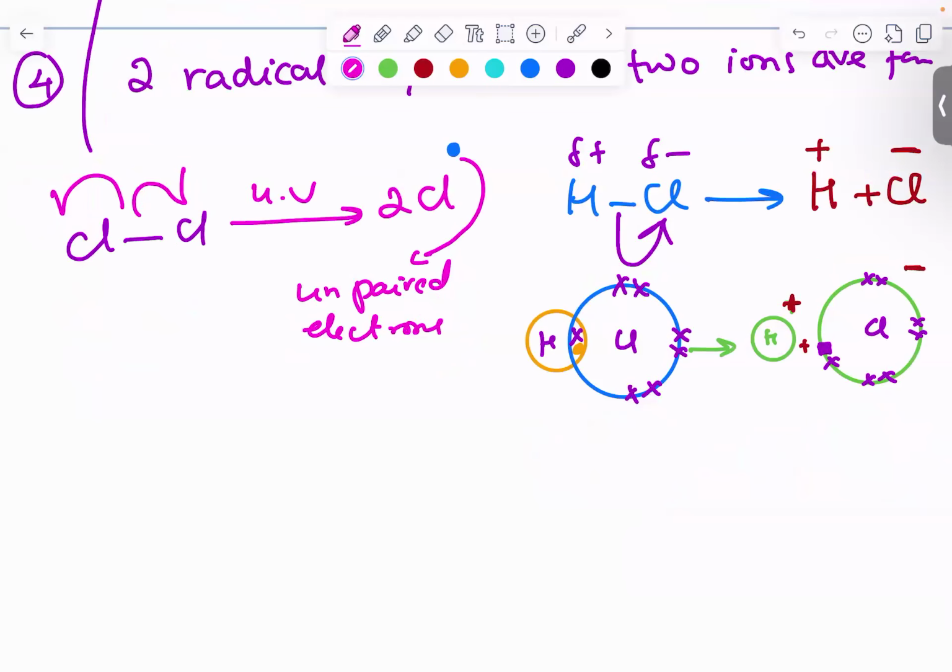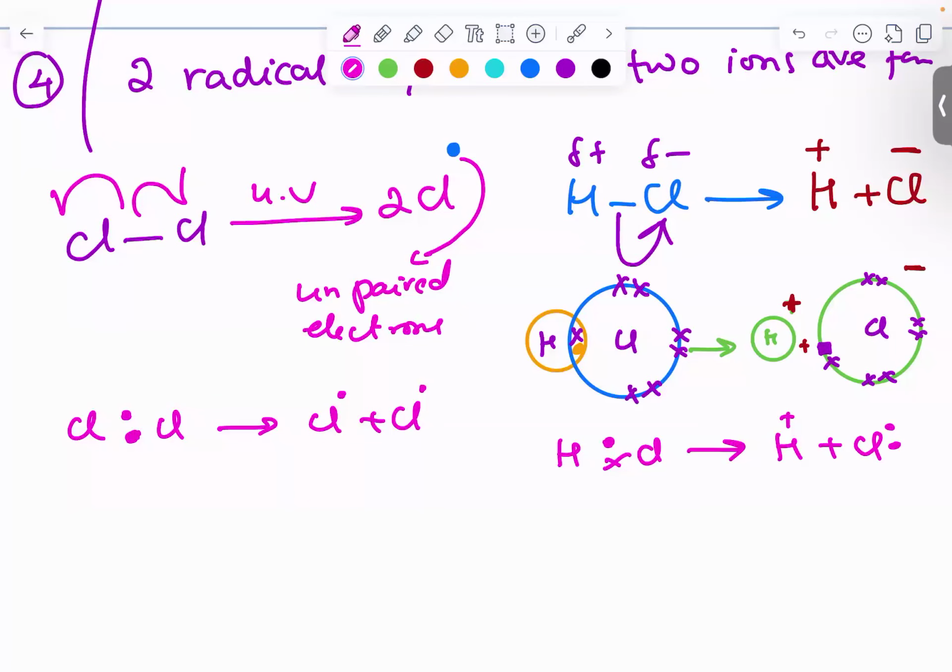In your book, they have mentioned it like this: Cl-Cl, and then Cl dot plus Cl dot, and then they have written HCl, and then H positive and Cl negative.